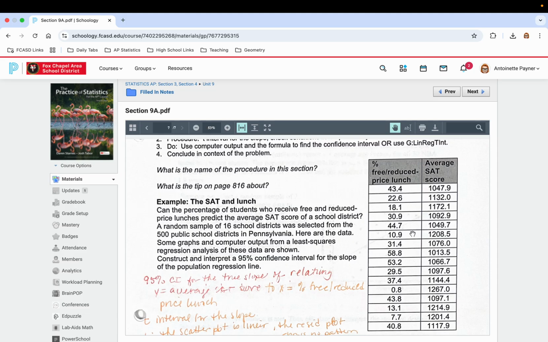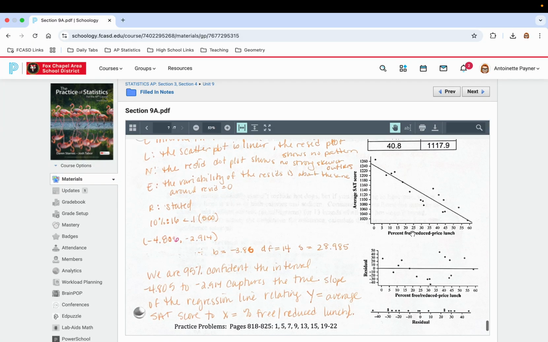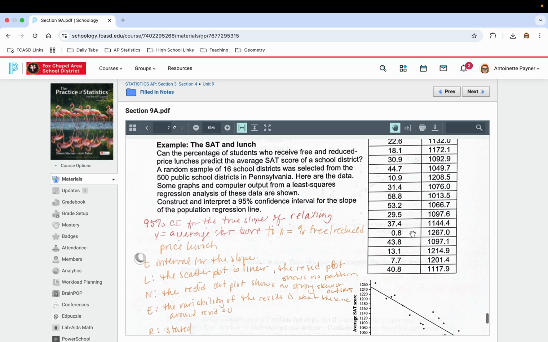I just typed in the same numbers twice. My eyes are playing tricks on me. Let me make sure I have the right numbers typed in before I show you everything. All right, perfect.